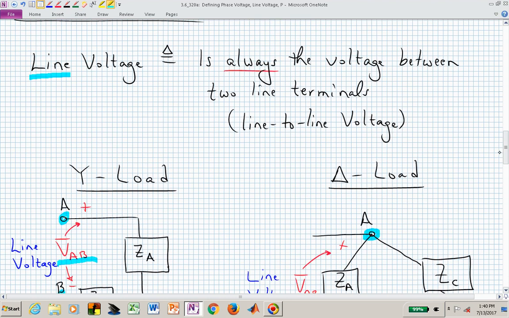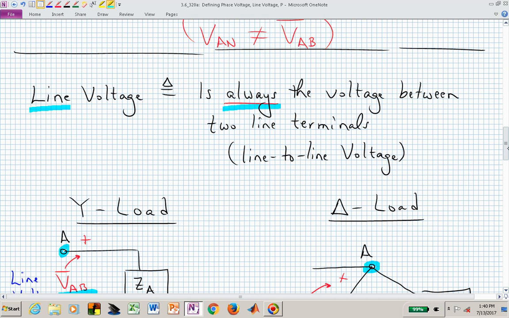When you hear line, you can think, oh, this is always transmission line to transmission line, whether that's at the terminals of the generator or source or at the terminals of the load. That's now different.